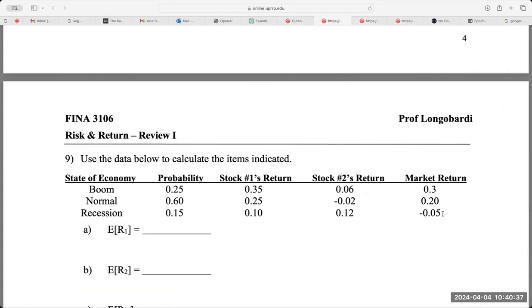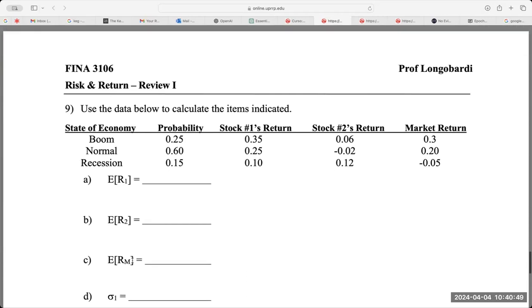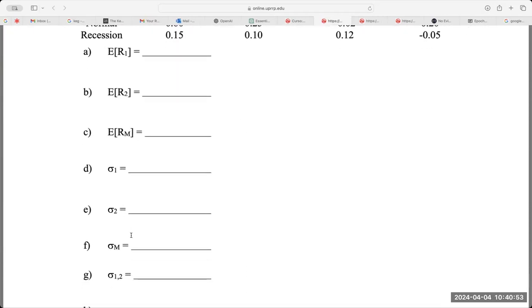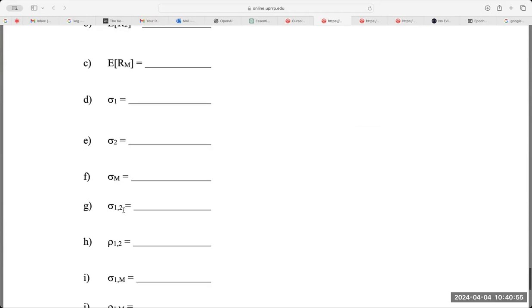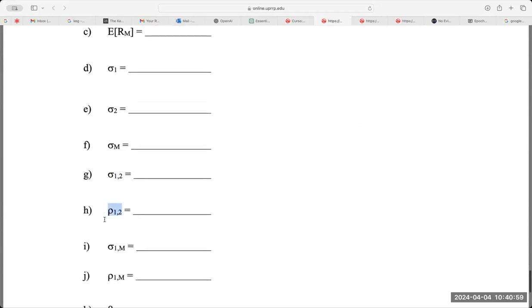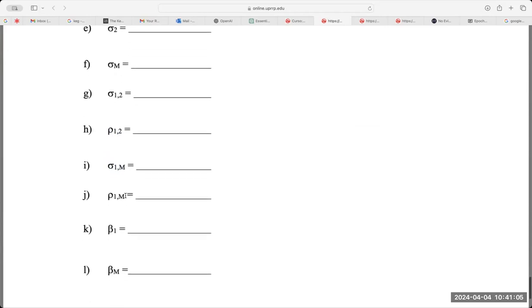And then from there, you're going to calculate the covariance of the returns. So you're going to get the returns for stock 1, stock 2, and the market returns. You're going to get the standard deviation of each. Then you're going to do the covariance of the 2 stocks, the correlation, the covariance of the first stock with the market, the correlation.